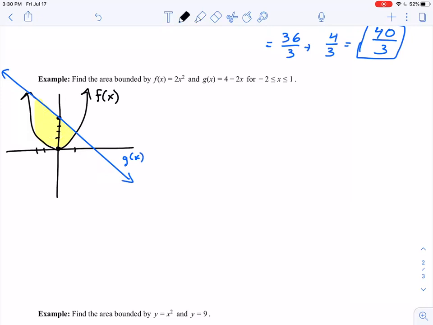The one thing I am unsure of, and the one thing that makes me nervous, is this point of intersection. If they intersect somewhere between negative 2 and positive 1, in that case we would need to split this up into two separate integrals. I'm going to draw a different picture.